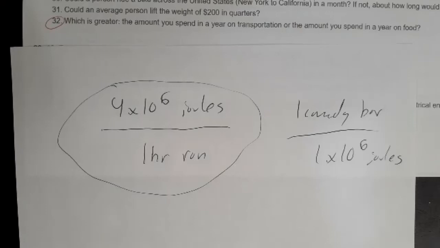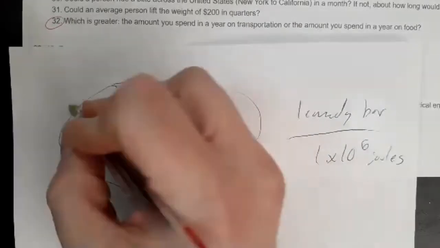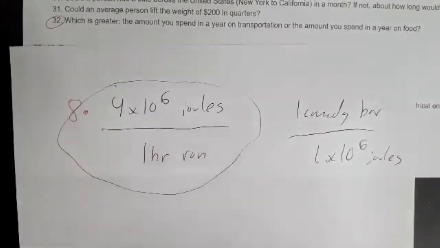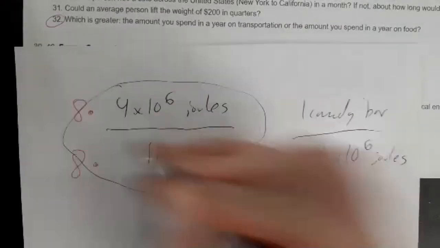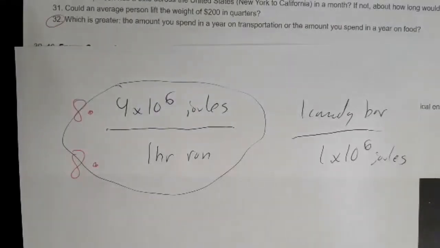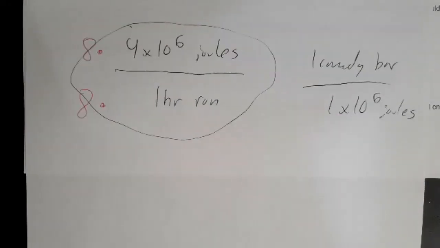Is it double? Is it 8 times? Are you saying to multiply this by 8? Yeah, that's exactly what you would do, right? So that's one way you could do it.